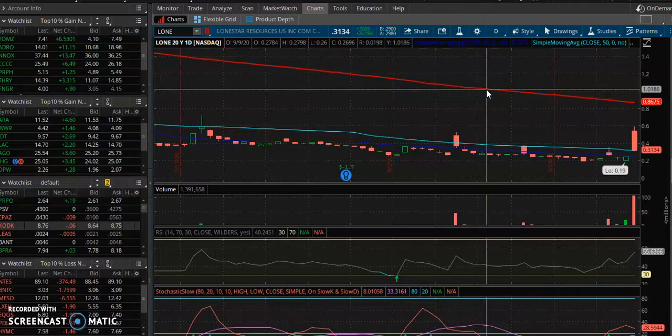Resistance is when a stock tries to break above and it can't, and it pulls back, which means the stock price goes down. Pullback equals goes down, so we call that resistance. Now, you want to enter a stock towards its all-time lows or towards support.